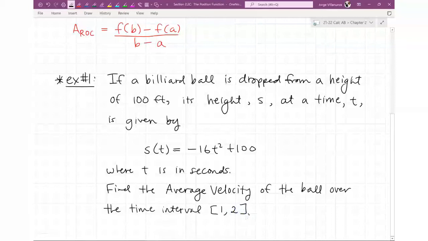So find the average velocity of the ball over the time interval from 1 to 2. So from 1 second to 2 seconds.